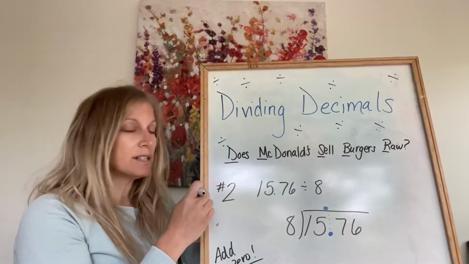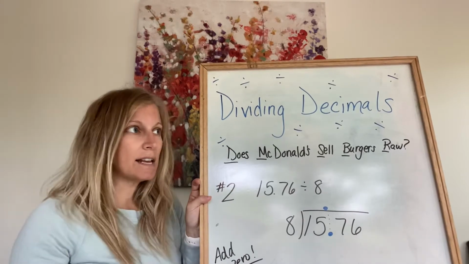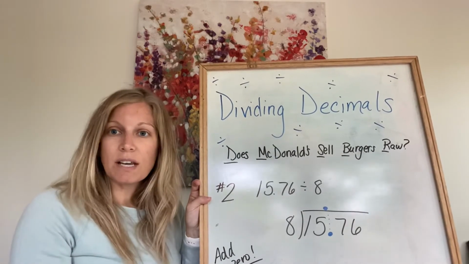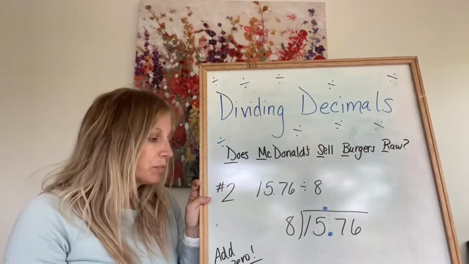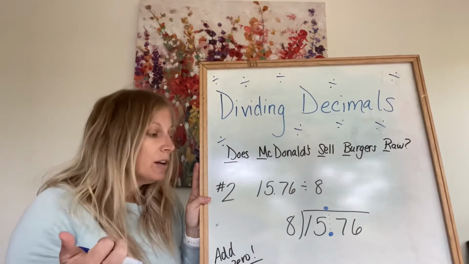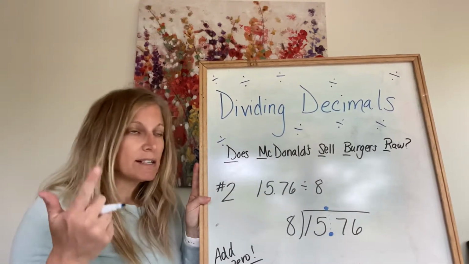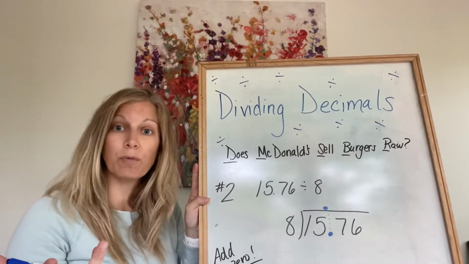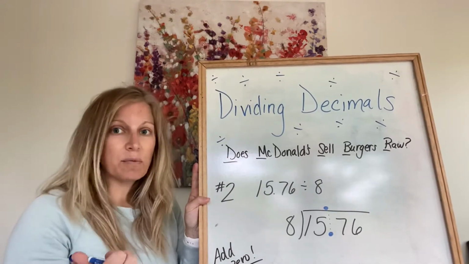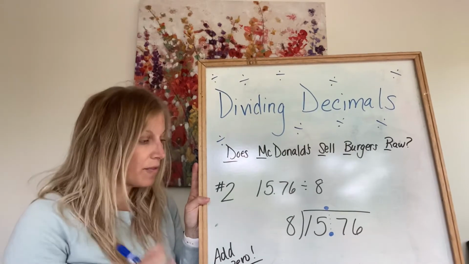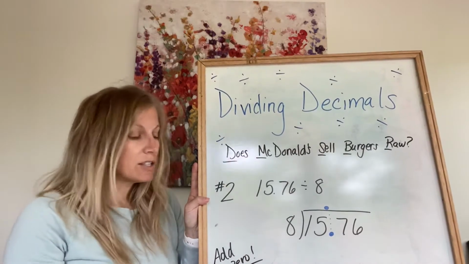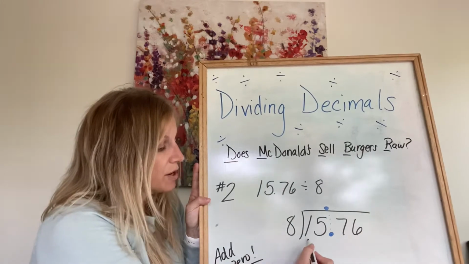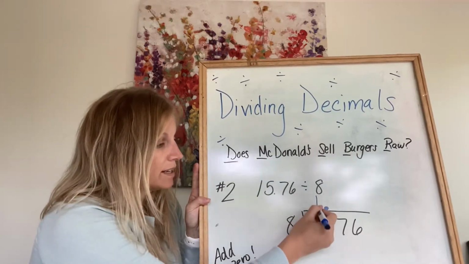And then we think to ourselves, what times 8 would give me something close to 15 without going over? So we think of our multiples of 8. 8 times 1, 8 times 2. 8 times 2 is 16, that's too big. So 8 would go into 15 one time.